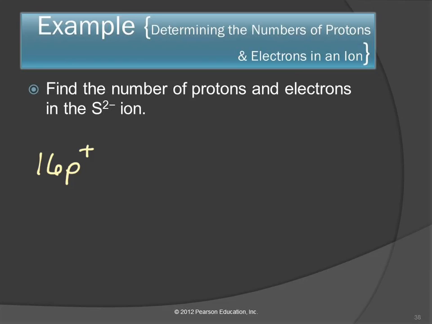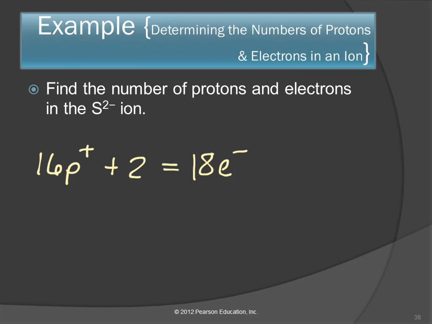If it has a negative charge, does that mean it has extra electrons or is it short electrons? Being short electrons seems to make sense because it's a negative charge when we think of subtracting things, right? But it having a negative charge means it has extra negative particles, extra electrons. So the number of electrons that it has, we have to add 2, and it's going to have 18 electrons.